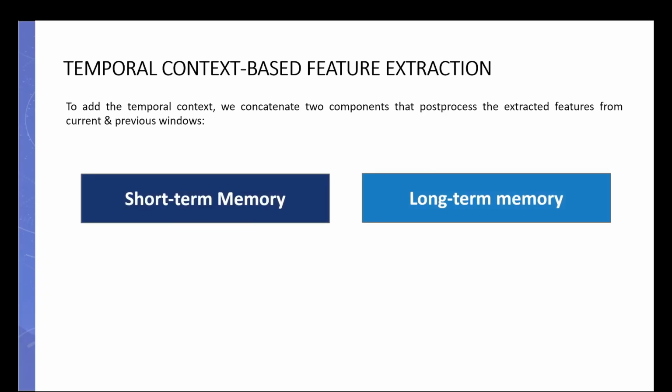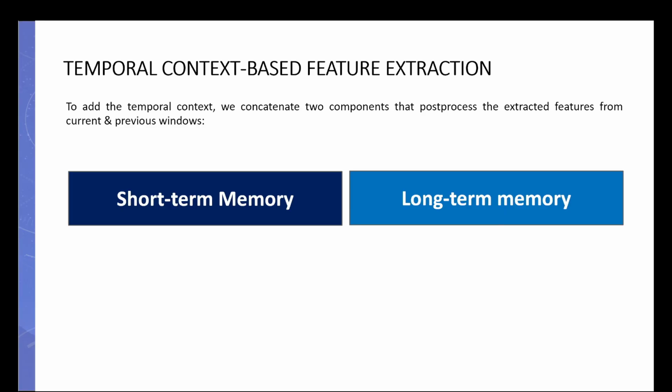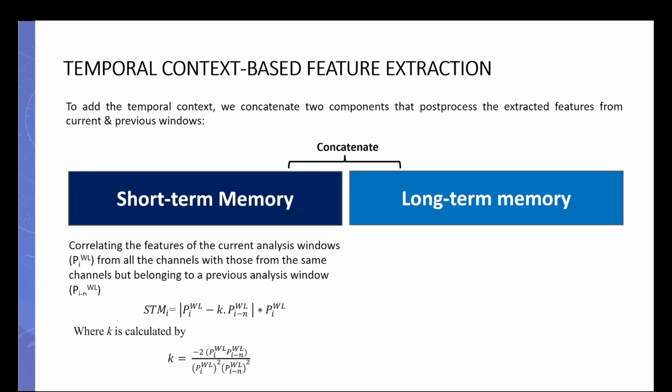And we started exploring, and we found that concatenating the two components actually gives the best result. So we said, okay, let's extract a short-term memory component where we take the features of the current window subtracted from the features of a previous window, nth position, differentiate the two, multiply by the features of the current window, and by that you are emphasizing the changes across these feature dimensions and relating that to the current window.